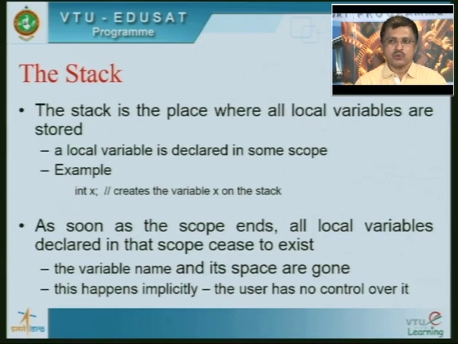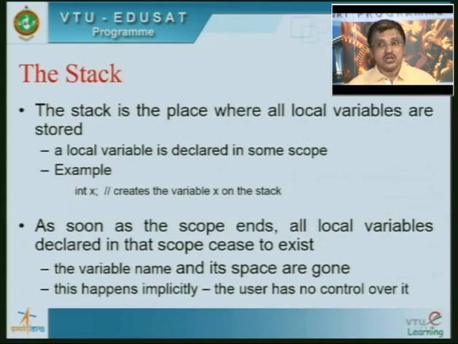As I said, when the function returns, the space on the stack that was allocated is taken back, as soon as the scope ends. The scope ends when a call is made to another function or when the function returns. All local variables in that scope cease to exist.